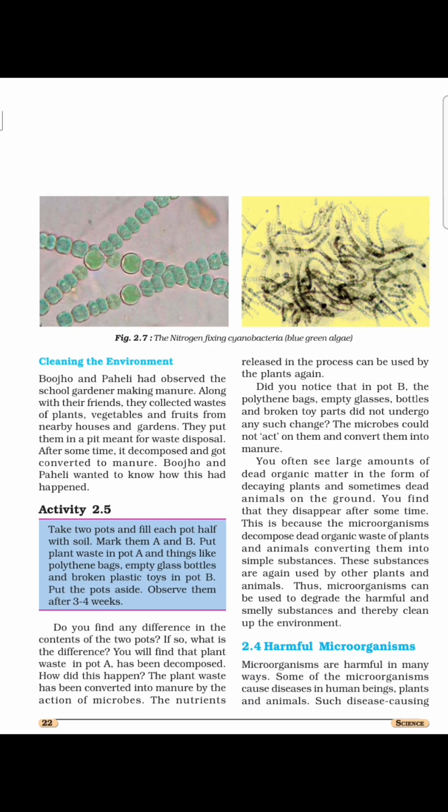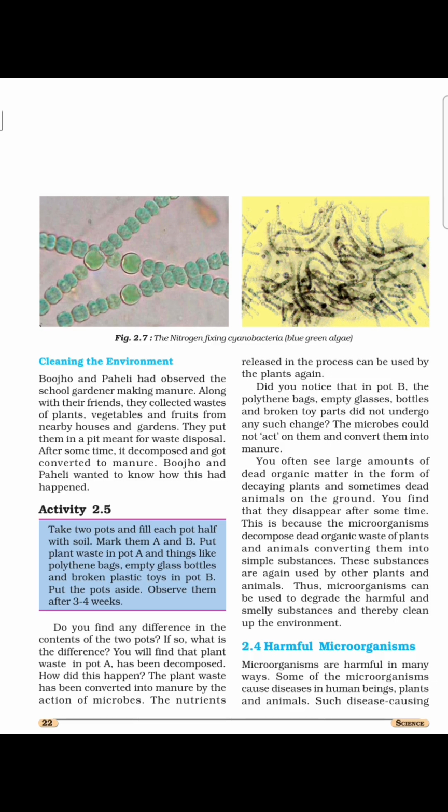In contrast, they also observed that some materials like polythene bags, empty glass bottles, and broken toys placed in a separate pot, pot B, did not undergo any such change. This shows that microorganisms are unable to decompose these types of materials.